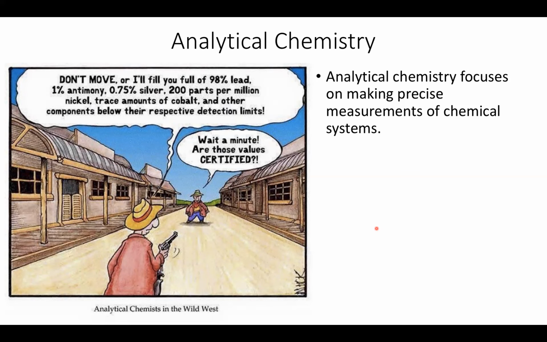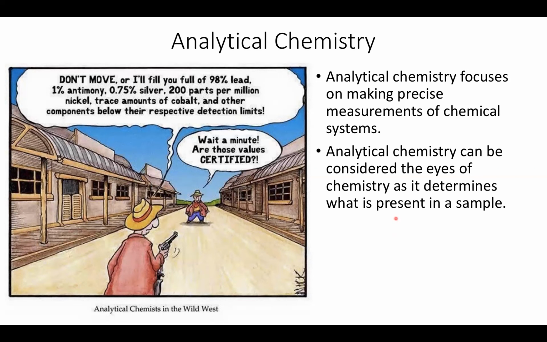So if you like making chemical measurements, if you love spending time on a spec, analytical chemistry is for you. Where analytical chemistry really shines is it's the eyes of the chemistry. So if you've got a sample and you want to know exactly what's in it, which is needed before you can answer almost any other question, you need to be a pretty good analytical chemist.